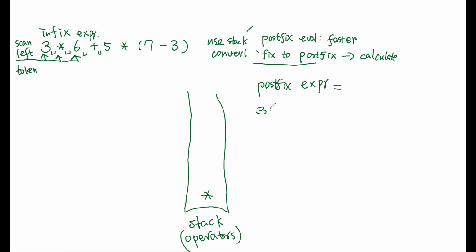If it's a number, I append it to my postfix expression. So I add it to 6. And next is plus. Plus is an operator, okay?